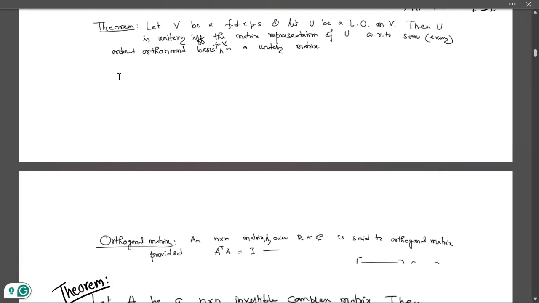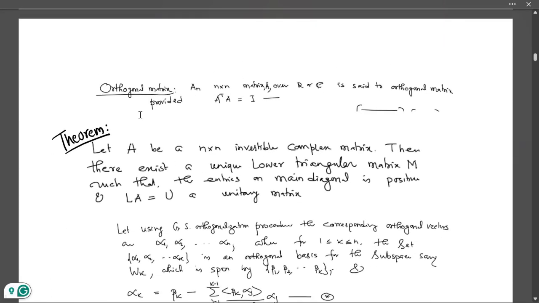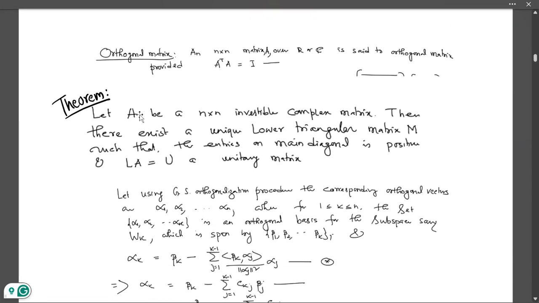This is what this theorem is. I'm leaving this also. So next we have the orthogonal matrix. An n-cross-n matrix over R or over C is orthogonal if and only if it satisfies this condition: A transpose A is equal to identity.